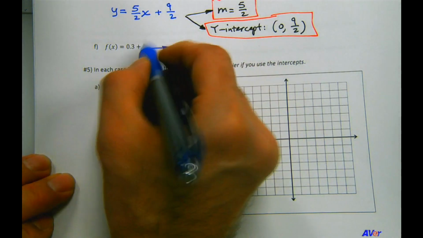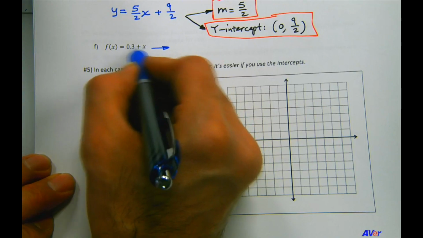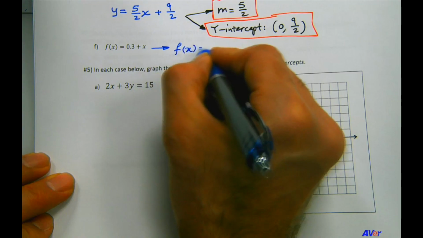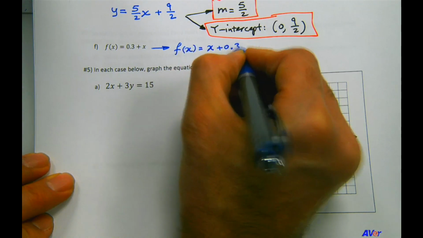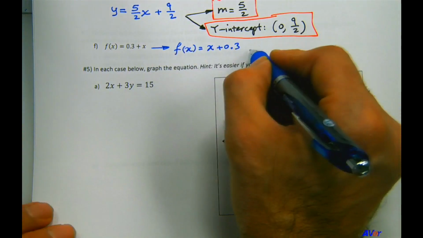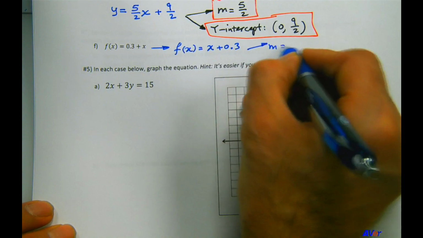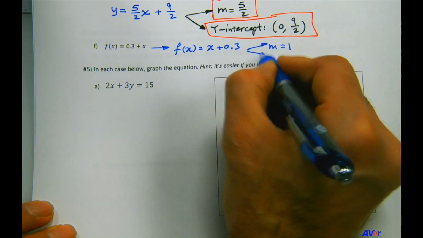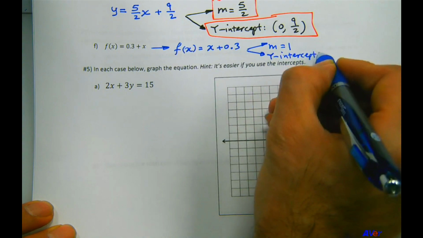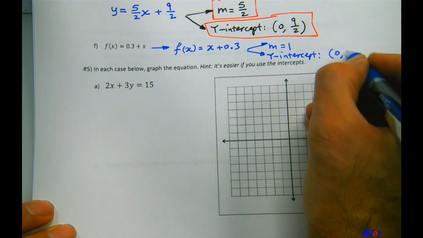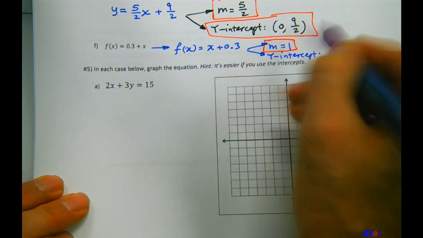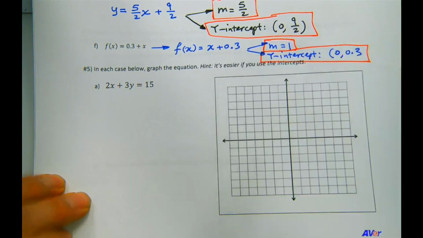It's no problem if we easily switch these. So we can put x plus 0.3. So f of x equals x plus 0.3. That's the same equation as that. So the slope is equal to 1. The y-intercept is equal to (0, 0.3). M equals 1 and equals that.